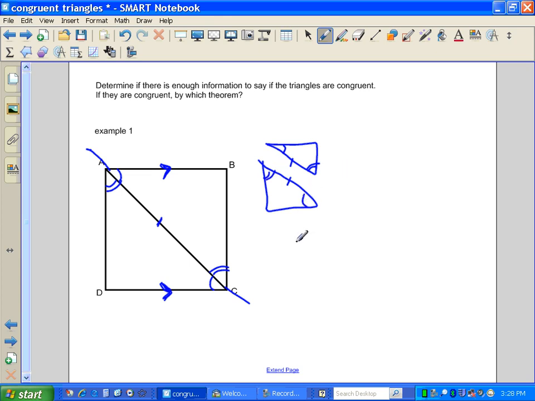So we would say that triangle ABC is congruent. Now notice triangle ABC started with the single angle, so we have to start the next one with the single angle, and we're going to go away. So we're going to say to triangle CDA by angle, side, angle congruence.